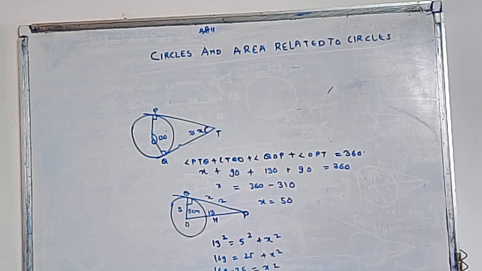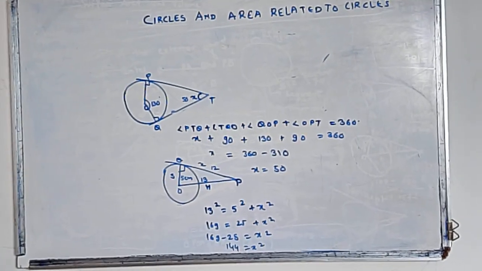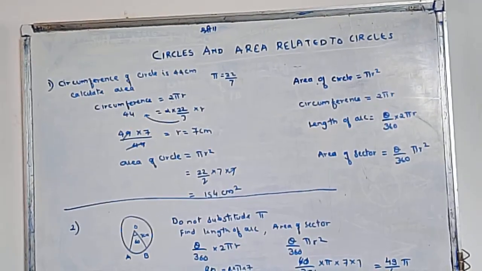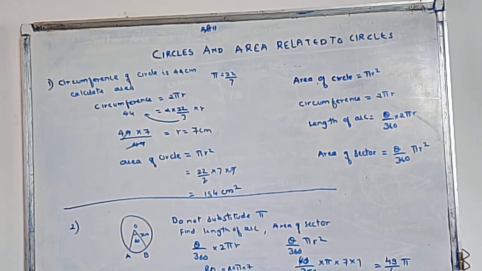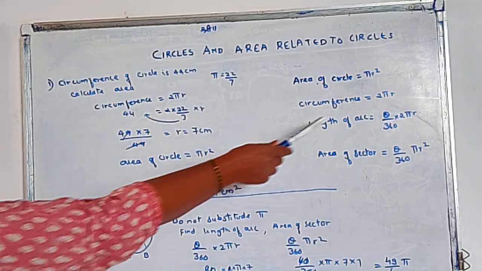Such small MCQs might come for your board exams. Here I have solved two easy sums for you. The circumference of a circle is 44 centimeters. Calculate the area. Pi is 22 upon 7. The formula for circumference is 2 pi r.